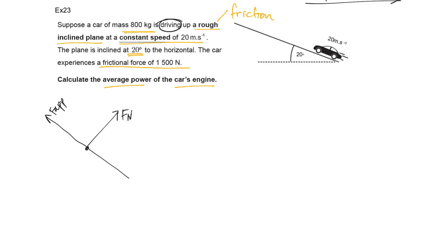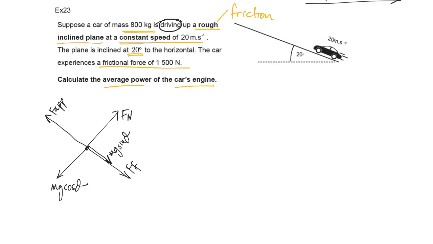I know that naturally, coming down, I have a frictional force. I also know that coming down here, I have a natural force of gravity, mg sin theta. And across, with my force of the normal, I've got mg cos theta. So essentially, I've got two things going on here.